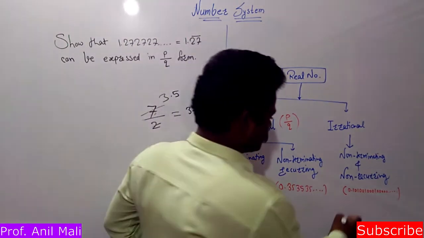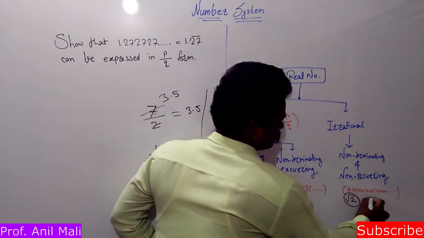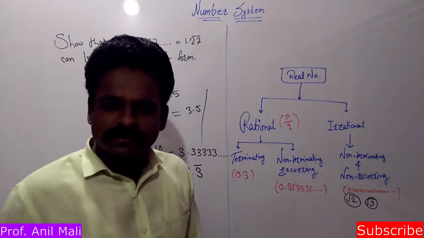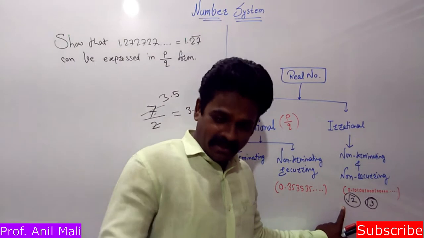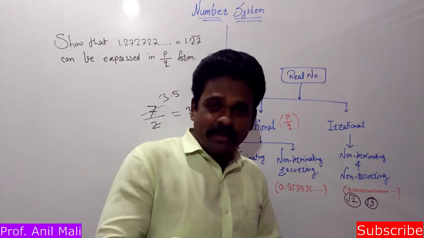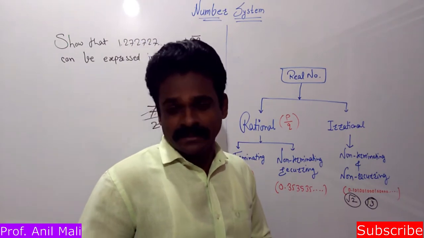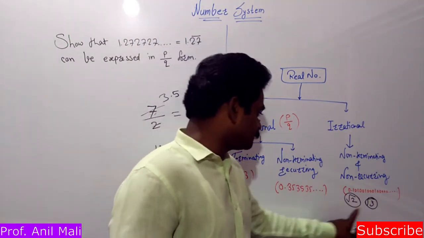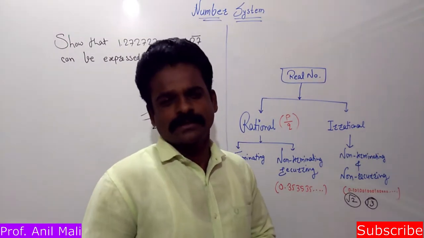Another example you can write is root 2, and after that root 3. These are also irrational numbers. If the number under the square root is not the complete square of any other number, then that type of square root is also an irrational number.